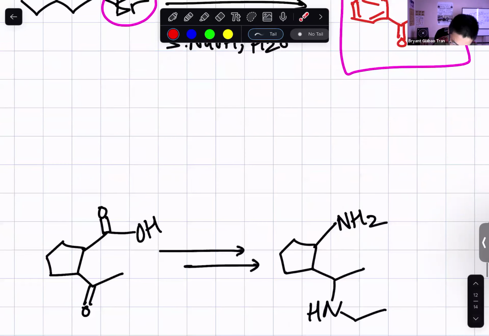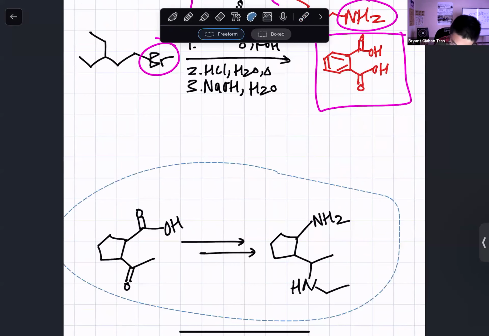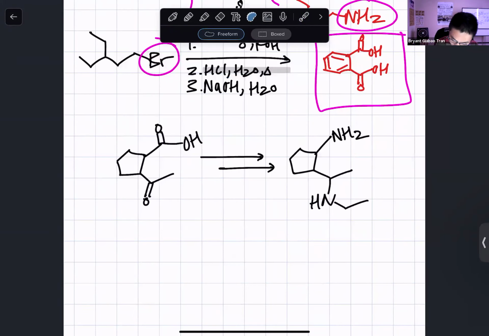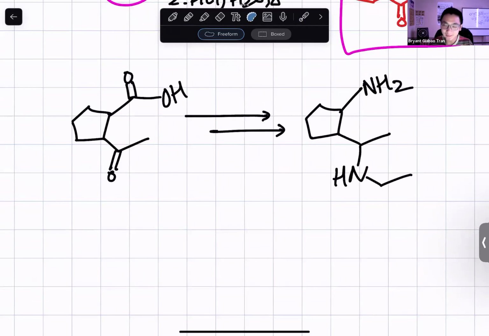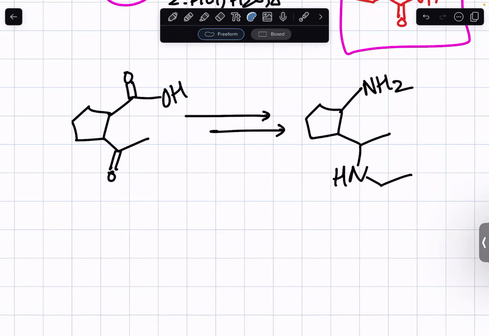Okay, so the synthesis. Has anyone tried the synthesis problem and been able to get it? If not, what did you try to do at least? Go ahead, Peter. I don't know if this is right, but it made sense to me. Initially I added ethylamine with acid, followed by sodium borohydride with a CN.